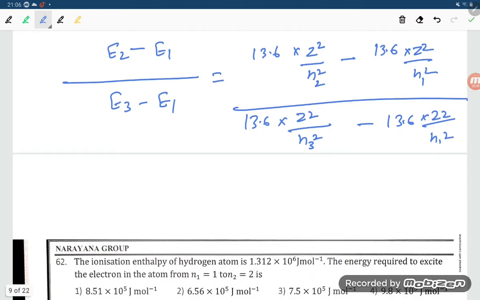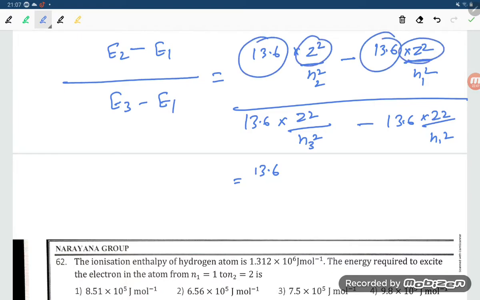students? Okay, how can you solve it? For hydrogen atom, this is n1, and the orbit we have to change the value, student. So how will you be able to do this problem? Let us solve. 13.6 is common for both, and Z is also common for both, so we are putting it out. Z square, for hydrogen atom, Z is equal to 1.